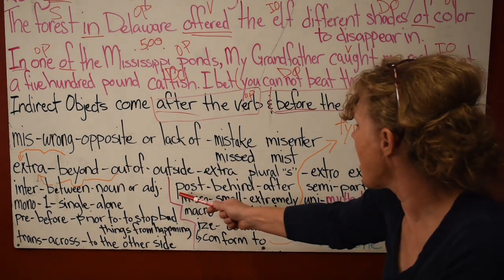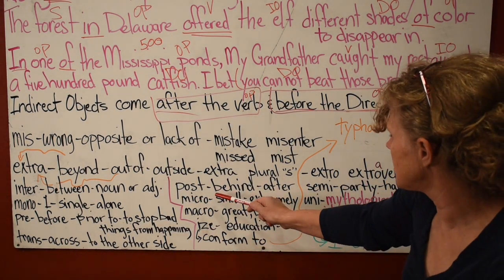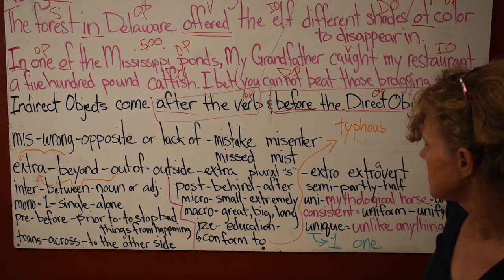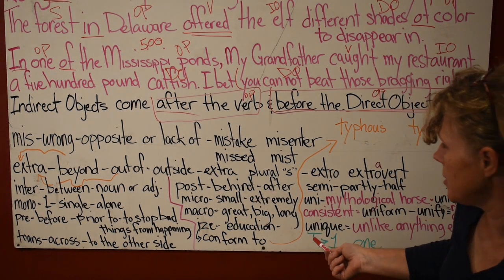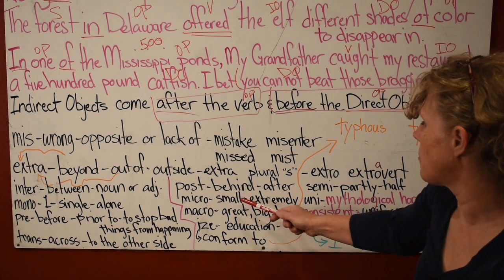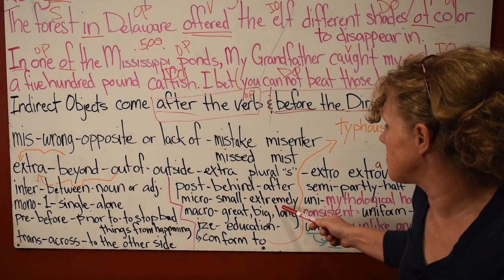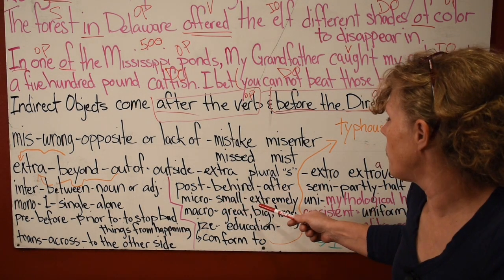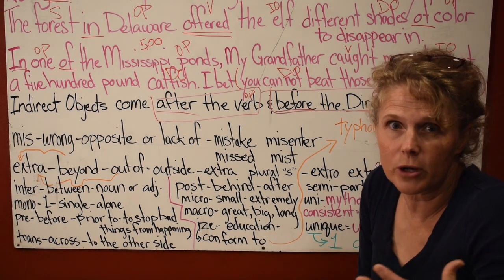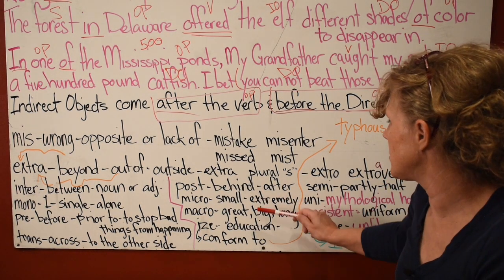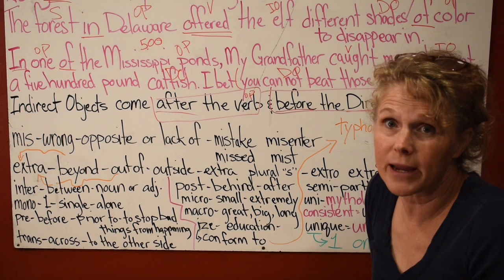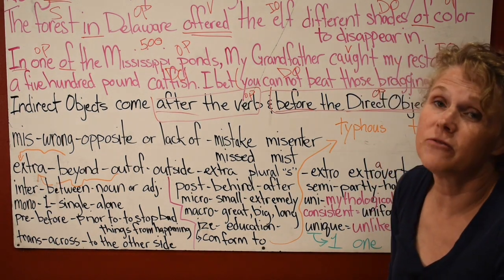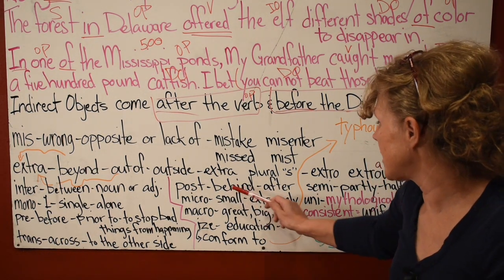All right, so now we have post, which means behind or after, depending on the word. Micro means small, or it can mean extremely small. So oftentimes when you think about an organism or something, that's going to be the extremely small, but you can have microeconomics, that it's visual, but so that's small.